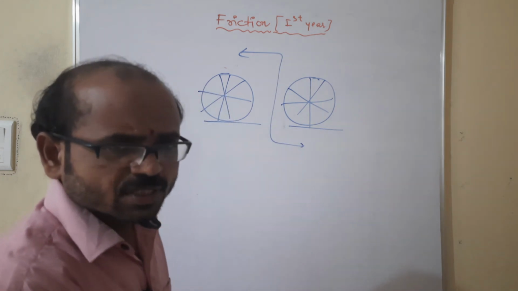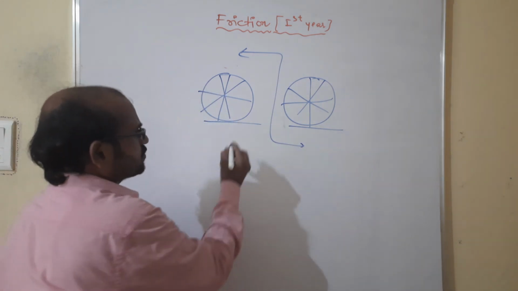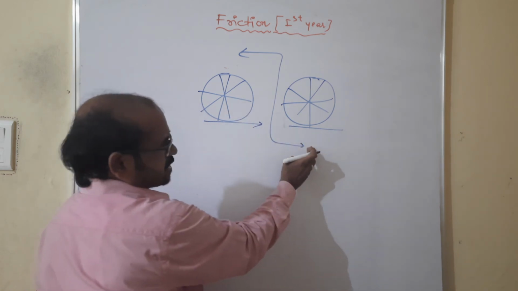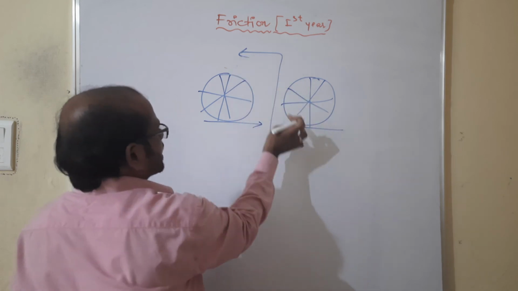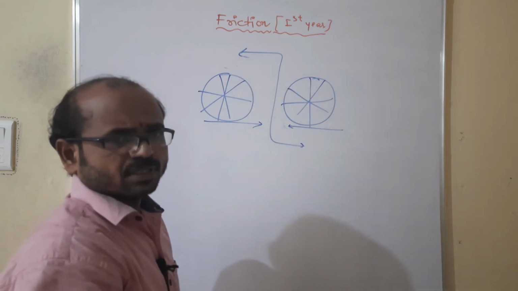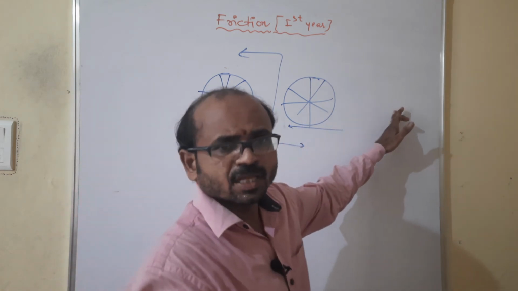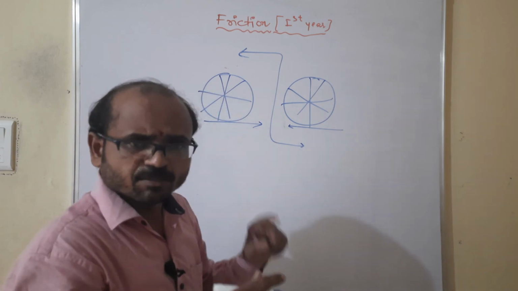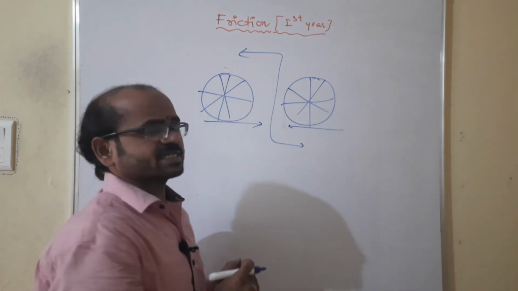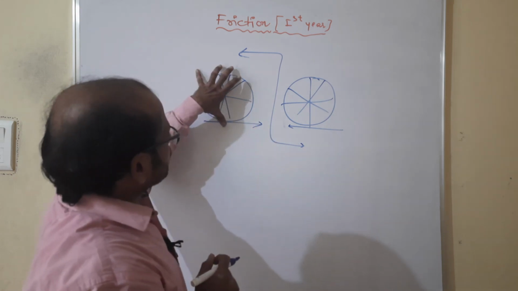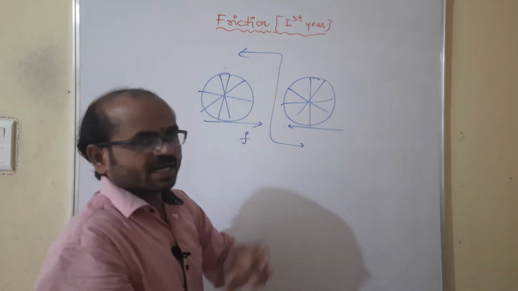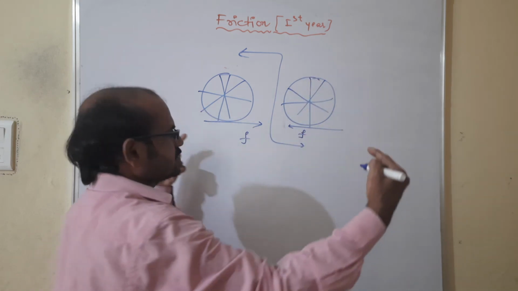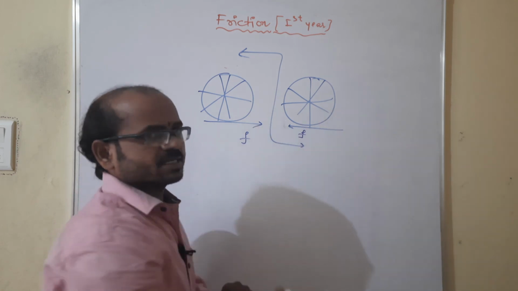Remember, the frictional forces act in opposite directions: the back wheel's friction acts in the forward direction, and the front wheel's friction acts in the direction opposite to the back wheel, in the backward direction. Because these two are opposite, the bicycle moves.